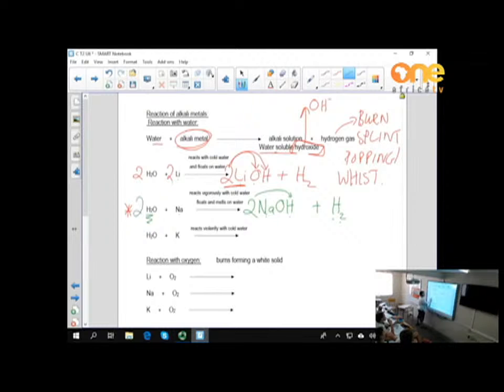So I will need 2 over here. Then I also have 4 hydrogens. But now I have 2 oxygens, but it's okay because I also have 2 oxygens there. All right? 2 sodiums, balanced.